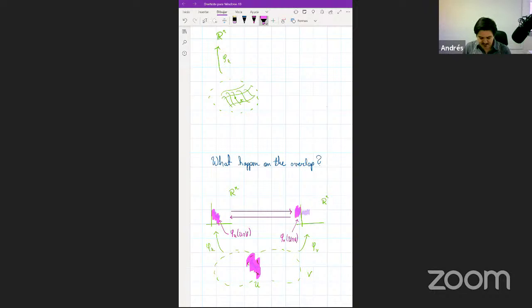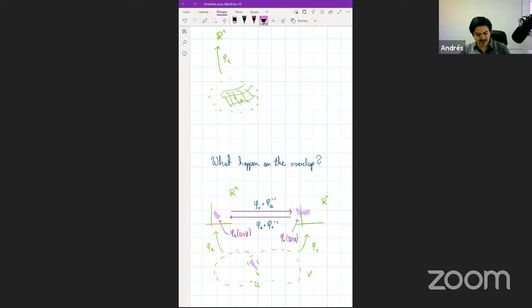This is mapped to this open set. And so now I have a function. Now, note that I'm using the same dimension because they overlap.